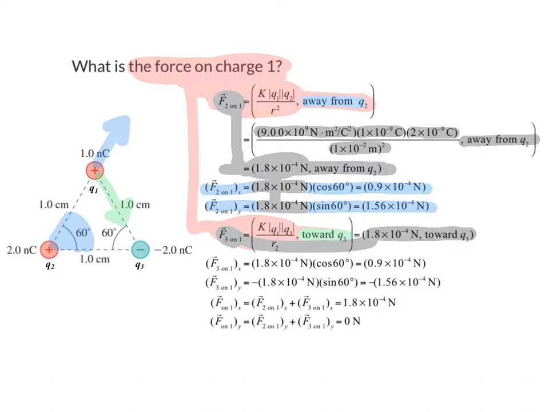But force 3 on 1 in the x direction will be that magnitude times the cosine of 60. Again, x parts are cosine, y parts are sine. And this negative right here has to be that way because it's going down.